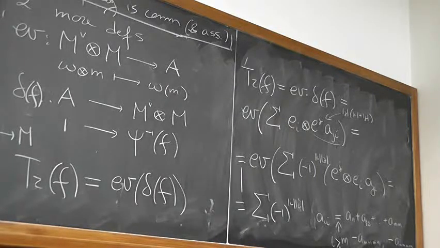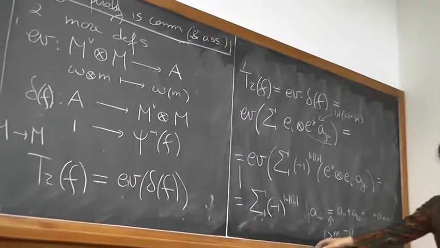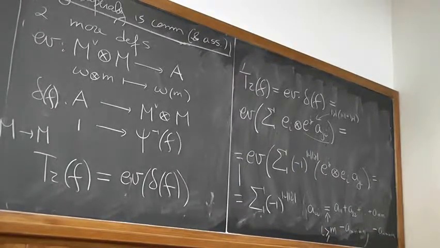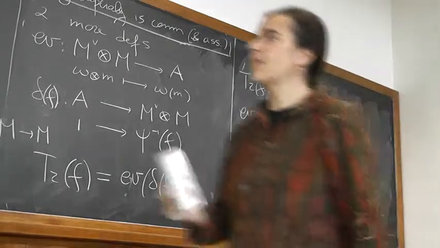It's very painful. It happens for the transpose too. But I will write the formula only. The only thing that is different from the classical case is that when you make that swap, there is a sign. But if you want to look in coordinates, it's not so simple to see.